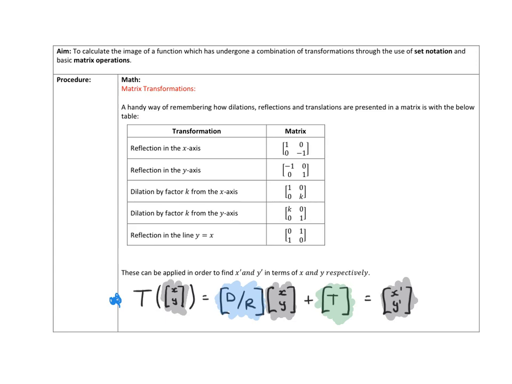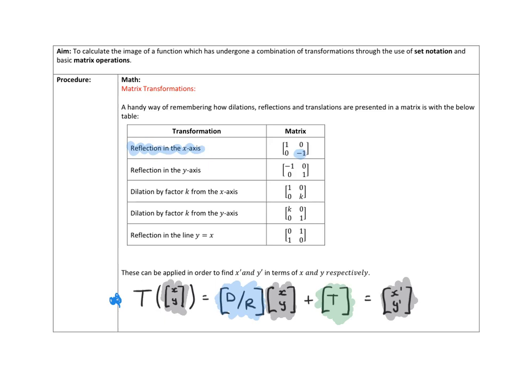Well, if we're reflecting in the x-axis, as we can see up here, we'll see a negative in the bottom right-hand corner of the matrix. You'll see this as we multiply it by x and y, but really what we're saying here is take the y values and multiply them by -1.